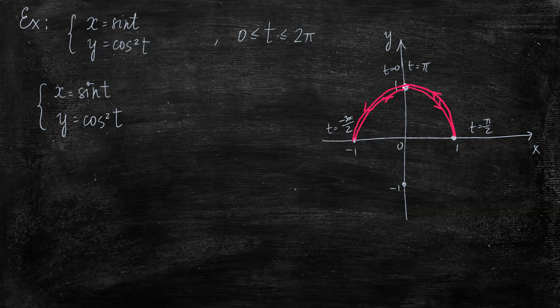And when you do that, you get this idea that we explored while studying systems of equations. We can try to maybe isolate a certain variable. Like in this case, we can use the first equation and isolate t, and again, in a certain domain. So we have to be careful here with the domain, but t is equal to arcsine of x.